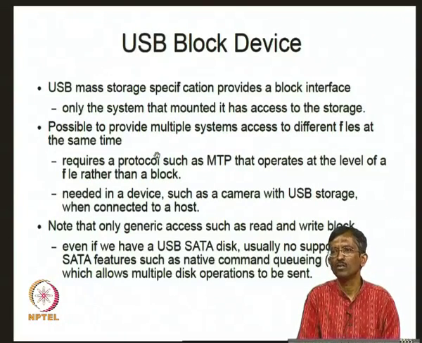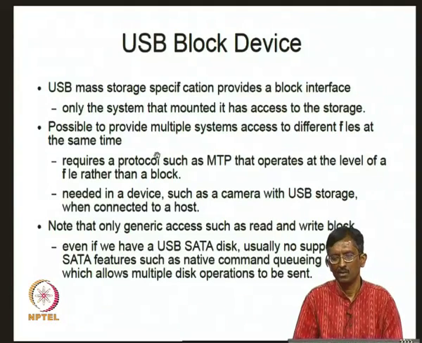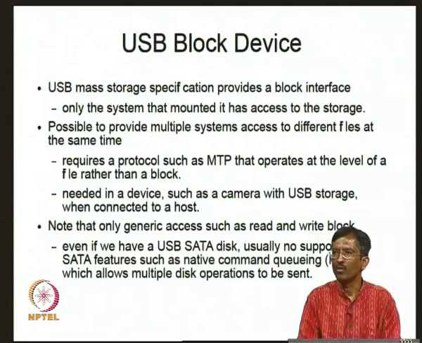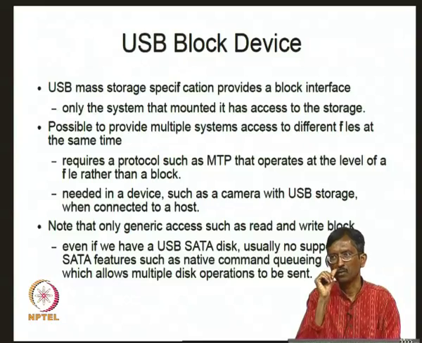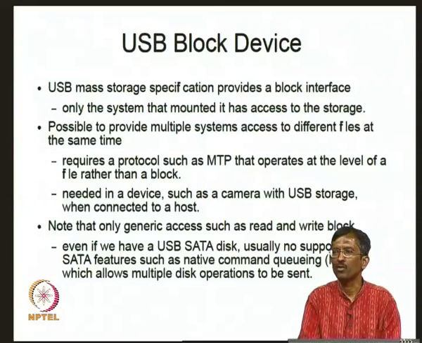Basically, you have the information on the USB device and you want to graft it, to connect it into the file system tree. That is what you are going to do. Once you do the mounting, that part is done.